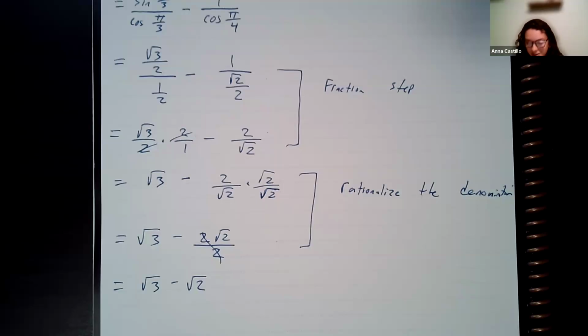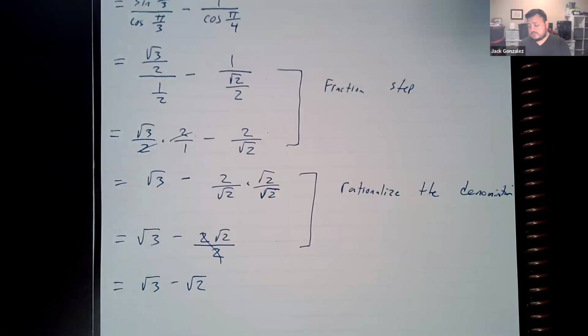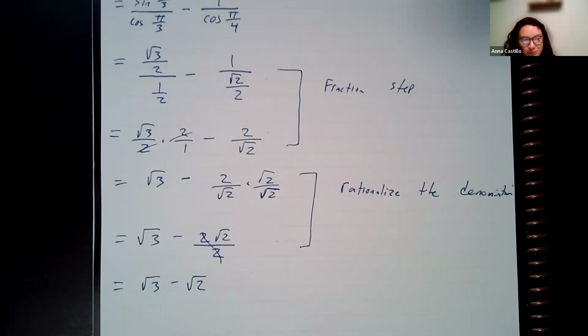Okay, I think that's where I got confused. No, that's okay. Yeah, there's six trig functions. It's the original three, sine, cosine, tangent, and then the reciprocals of those three are the secant, cosecant, cotangent. So they're really only three, but we say there's six, but they're just reciprocals. Okay, gotcha. Thank you.